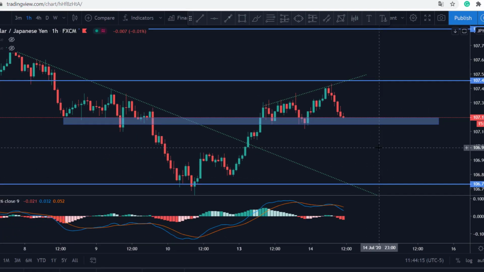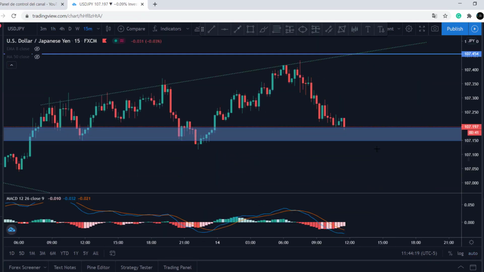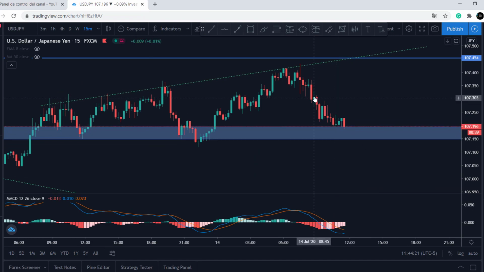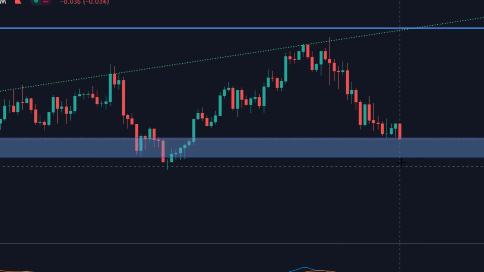So let's go to 50 minutes to see what is happening. Yeah, you can see here a doji, after that engulfing candle. Yeah, this is going to end up closing below.